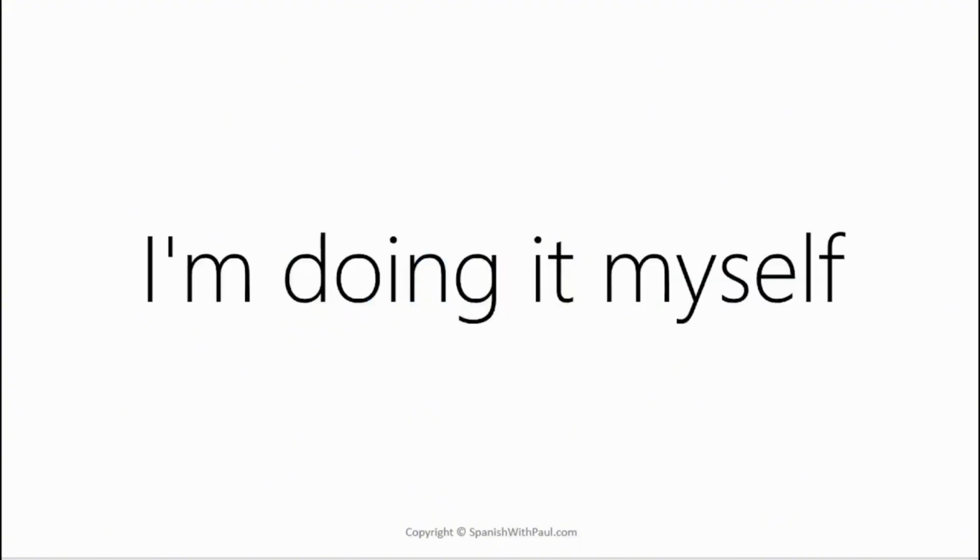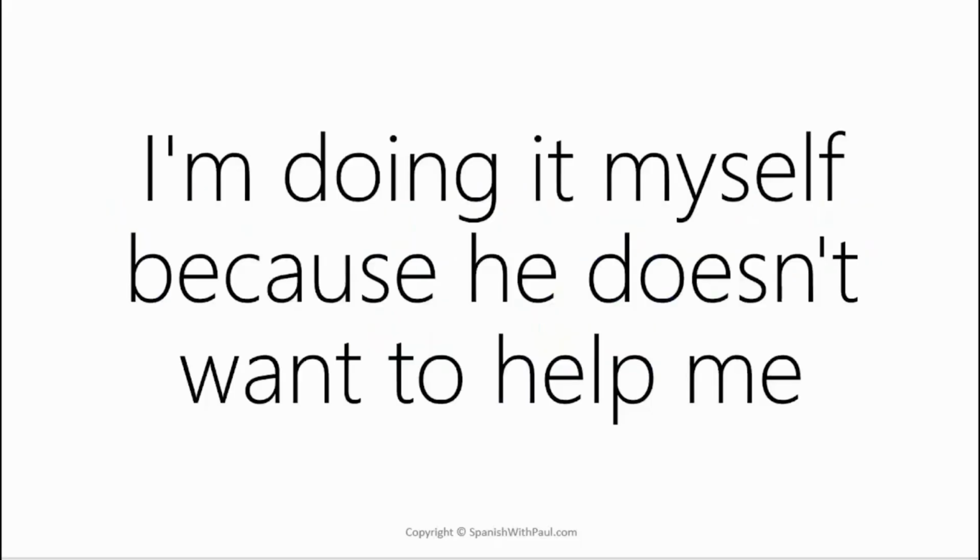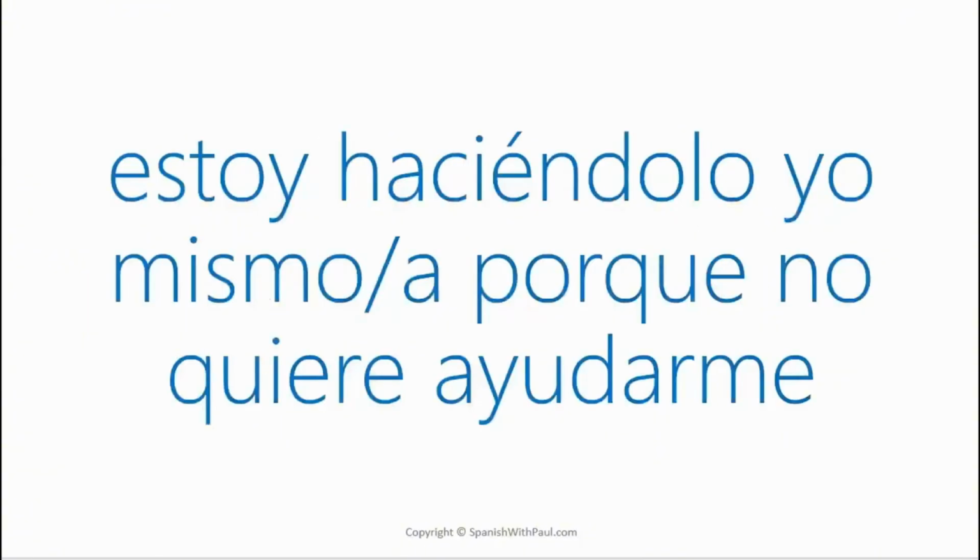Now say, I'm doing it myself. Estoy haciéndolo yo mismo or yo misma. I'm doing it myself because he doesn't want to help me. Estoy haciéndolo yo mismo or yo misma porque no quiere ayudarme.